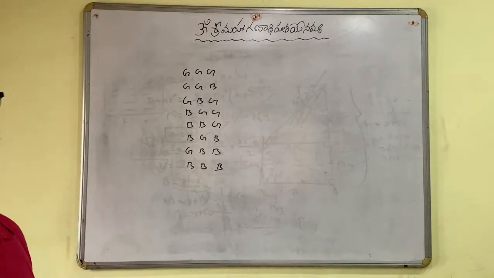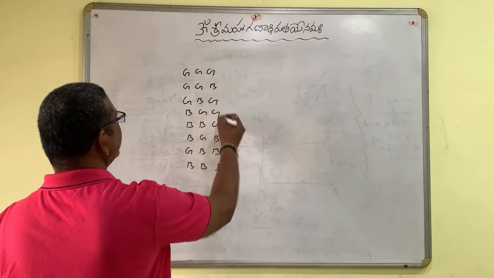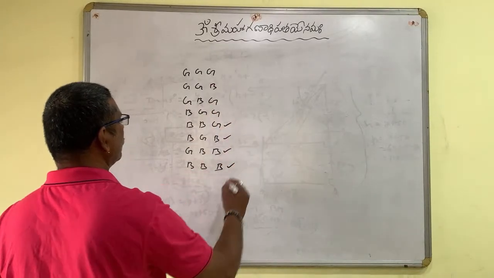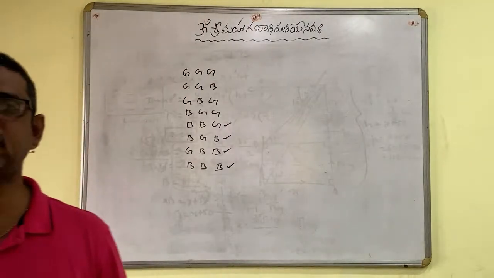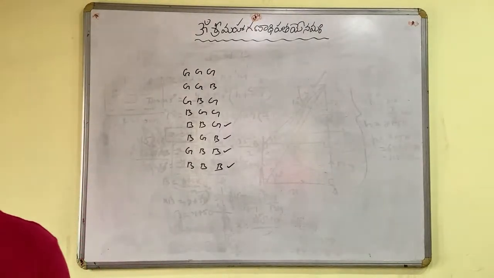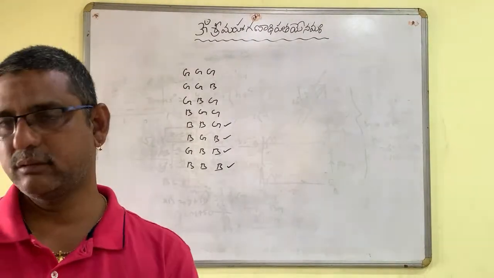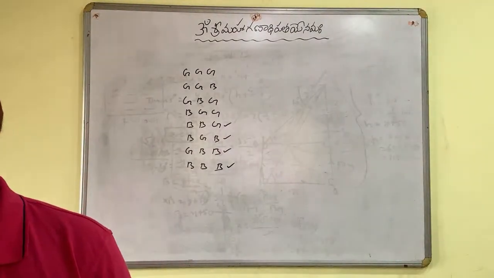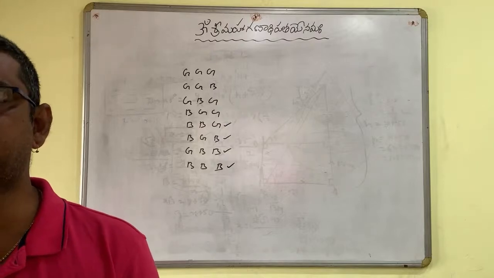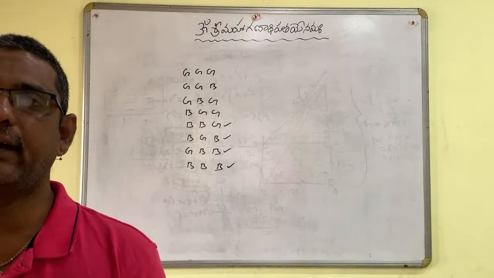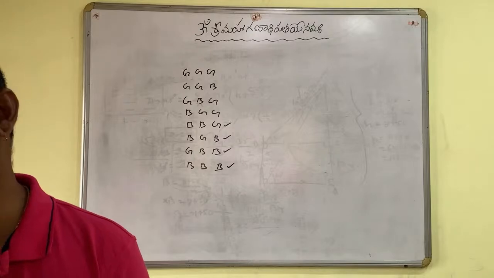And he is asking at least 2 boys. At least 2 boys means 1, 2, 3, 4. 4 chances out of 8 chances. So possible outcomes are 8 and favorable outcomes are 4 to our event.